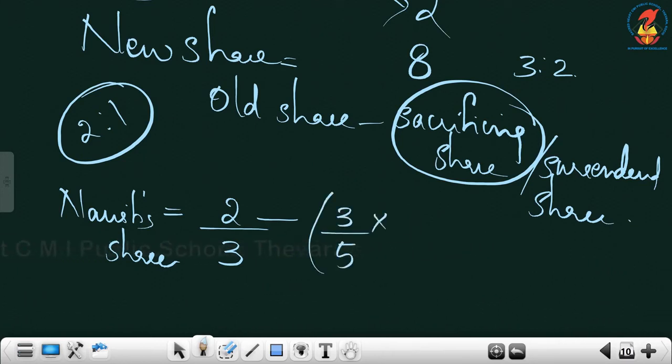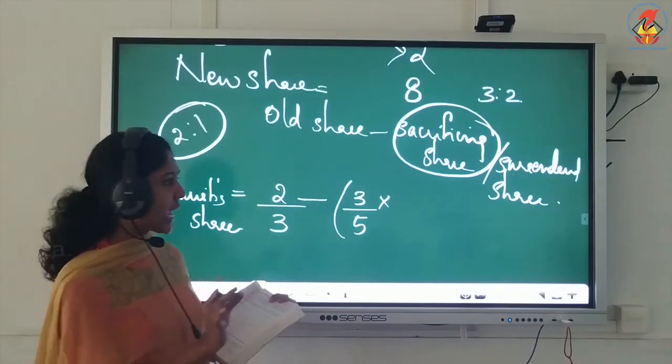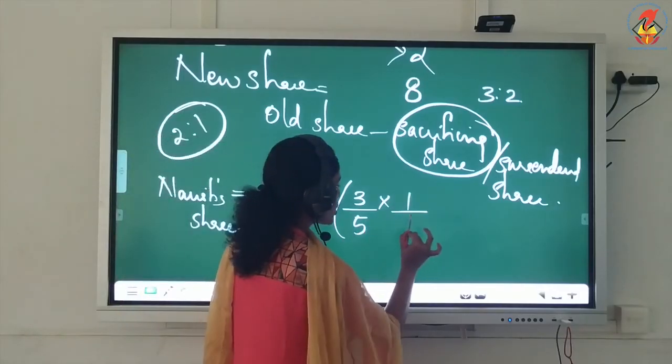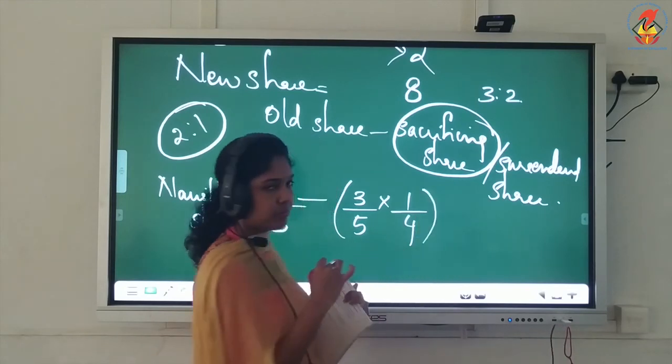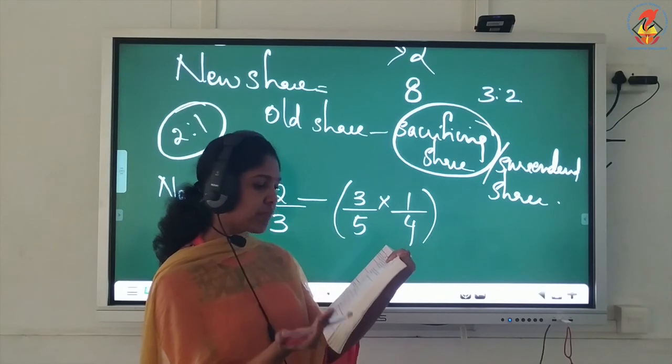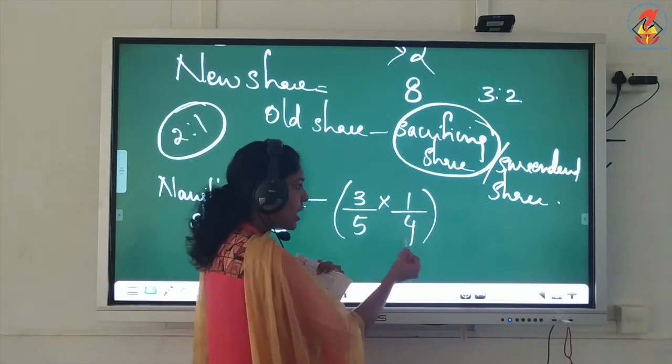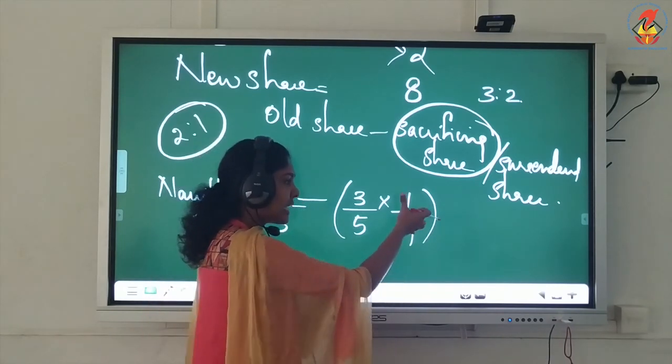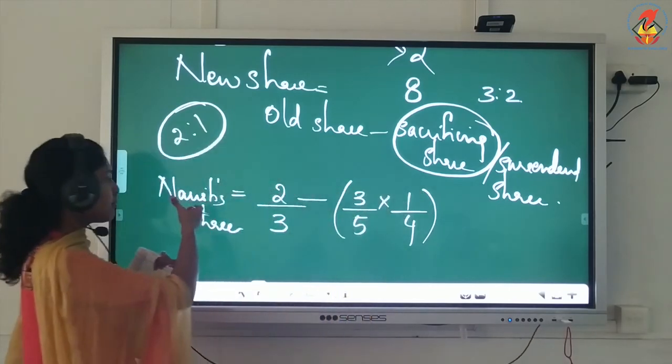So 3/5 of what? What are they giving? They are giving the new partner 25% of share. 25% of share means 1/4. So the new partner, what is his name? New partner is Nimesh. Nimesh will be given 1/4. But is he taking the entire 1/4 from Naresh?